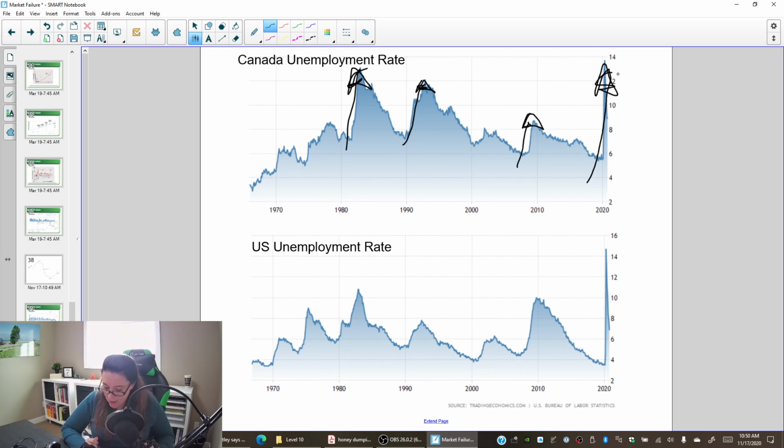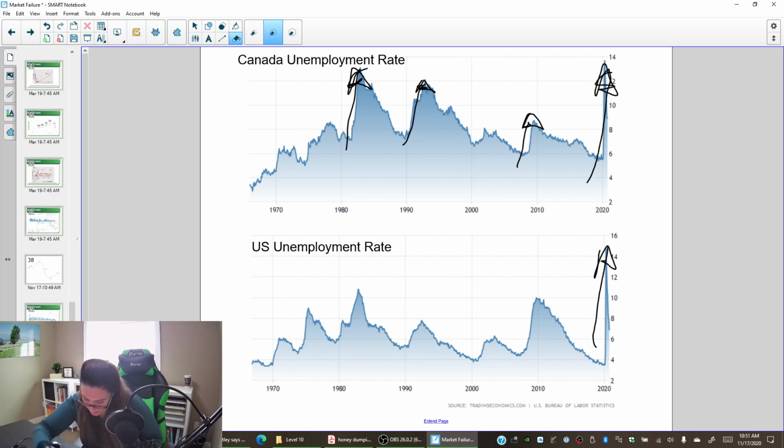You can see here Canada and the US, so you can see their unemployment rate and ours. In macro, we'll talk about how we measure unemployment rates and some of the differences in the calculations so that you can compare Canada and the US. They aren't calculated exactly the same way, so we can't just compare the numbers straight to each other. I'm just going to get rid of this so we can see it here.